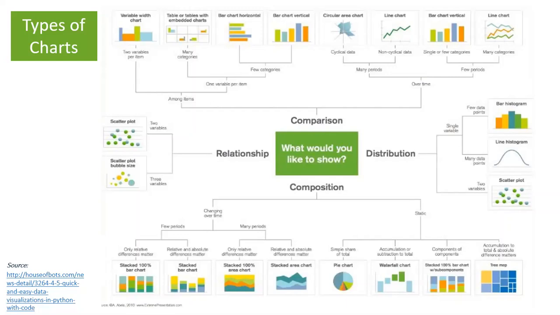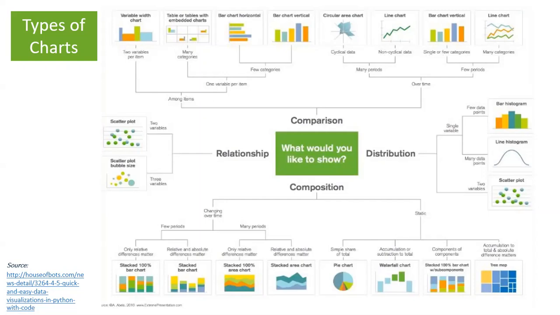So you have more than 6 variables. It's actually better if you use a bar chart horizontal compared to a bar chart vertical. The other thing, perhaps when you're doing comparison, especially over time, you want to use line charts, because line charts kind of show a trend of how things are moving.